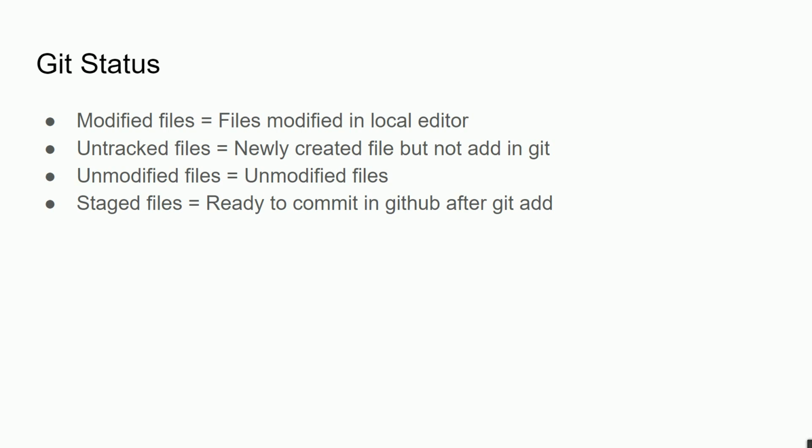Those files were newly created but not added in Git. Unmodified files are those that have never been touched. And staged files are those where I have added some files and run the command git add with the file name, but it is not committed to my repository, so such files are considered staged.